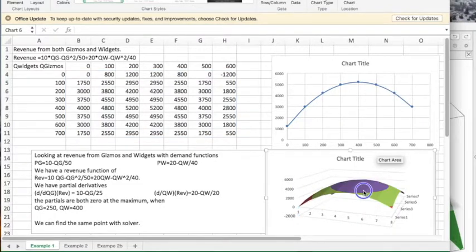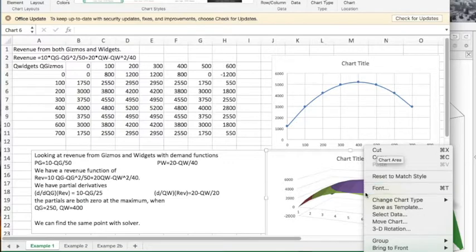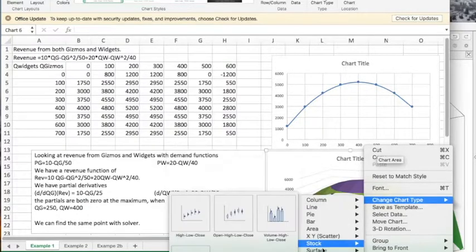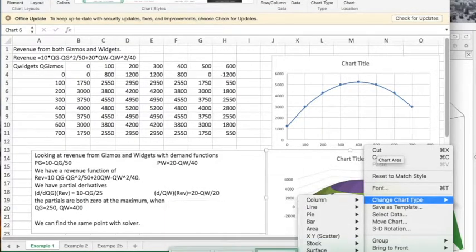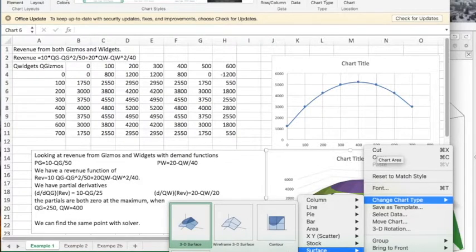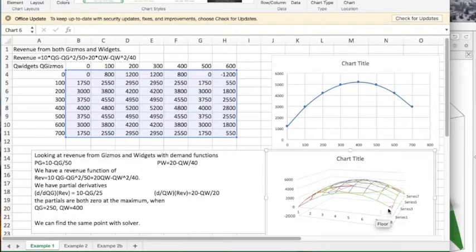We're going to look at this chart and change the chart type. It's a surface. The kind of surface graph we want is a wireframe graph initially. The graph is made up of these wires that correspond to the graphs we had before.